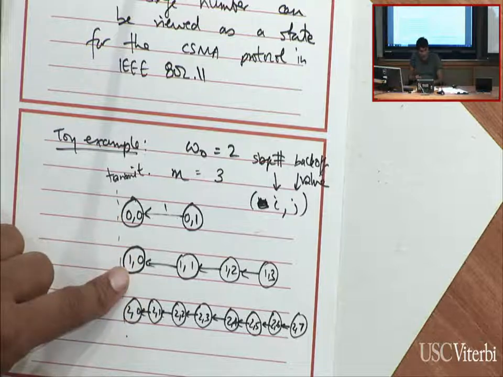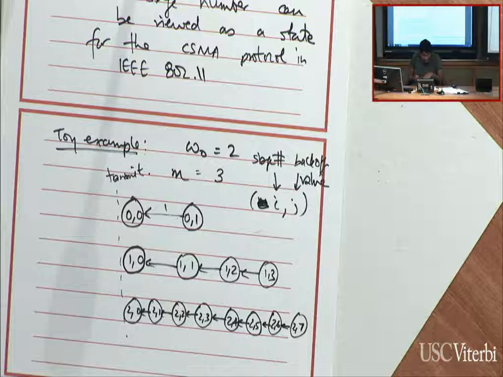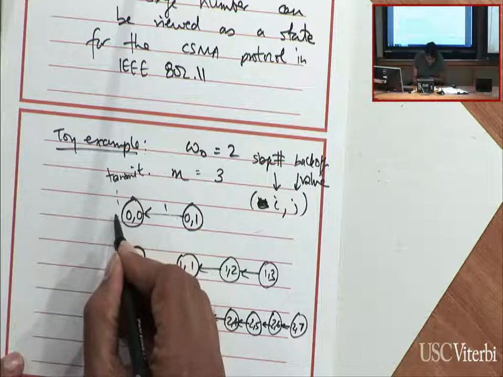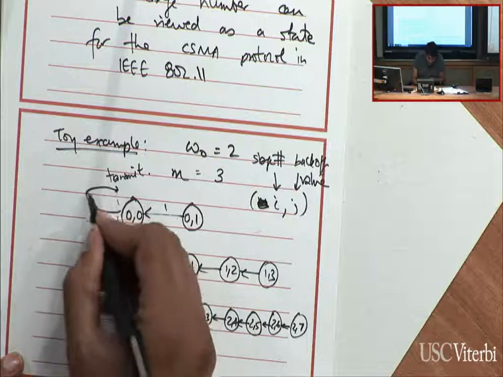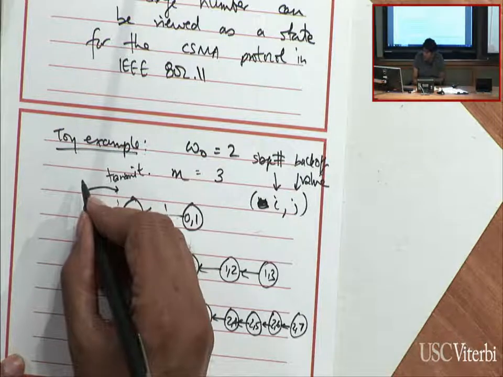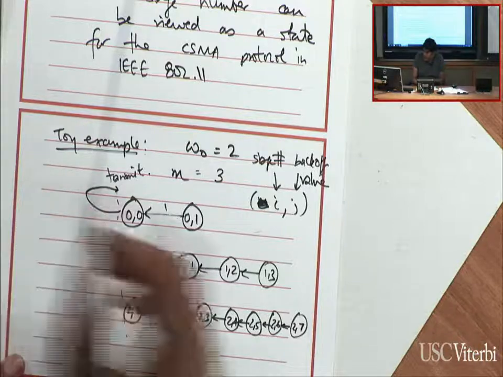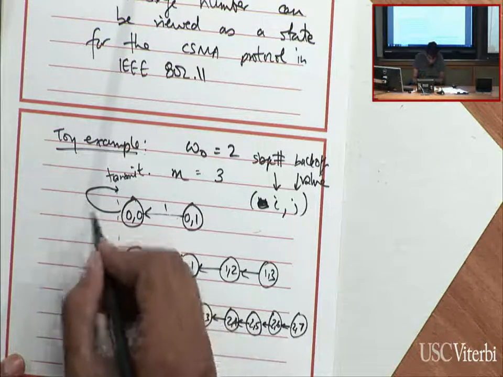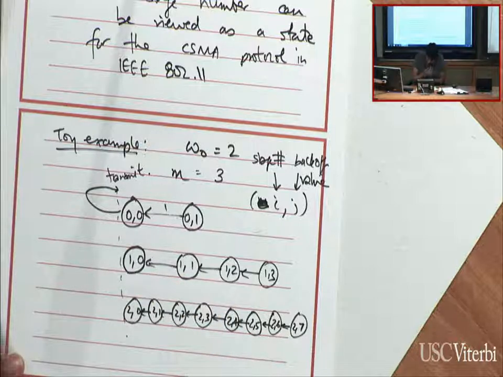If you're in the last stage, you'll stay in the same stage. So let me use the notation in that paper. We're going to call the probability of collision P.